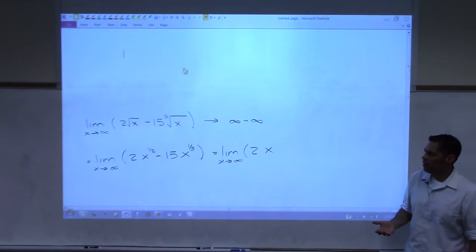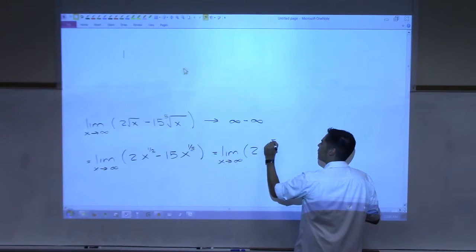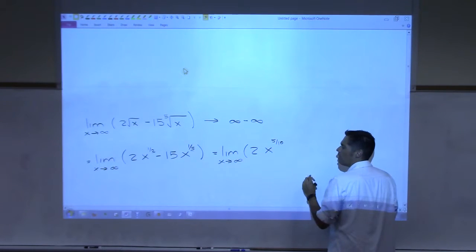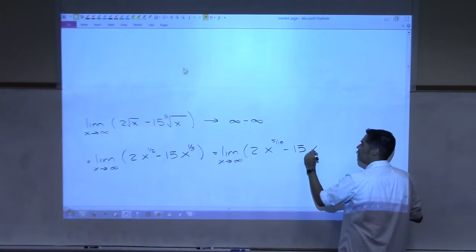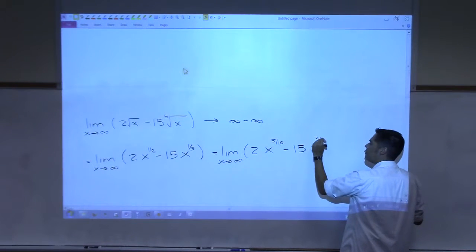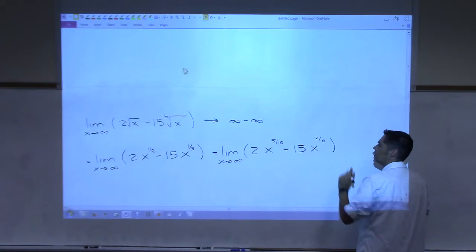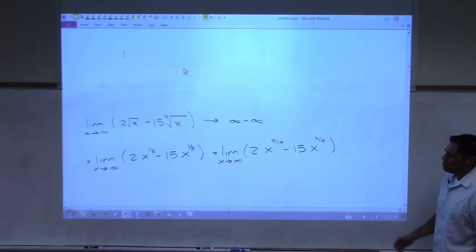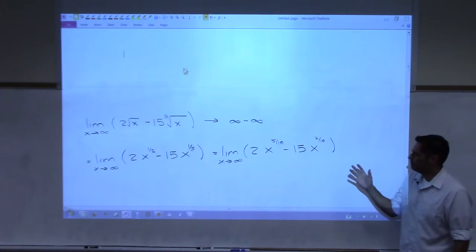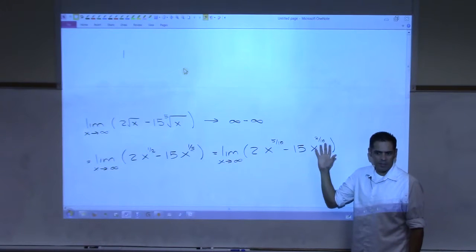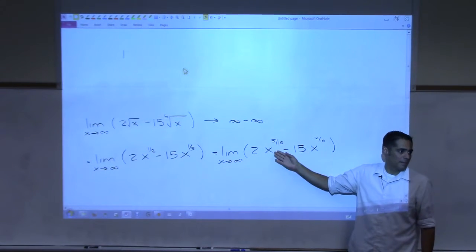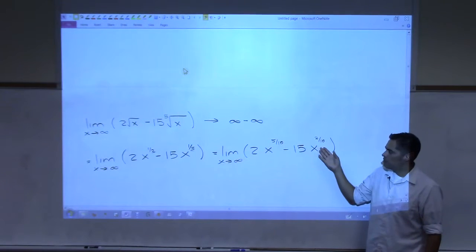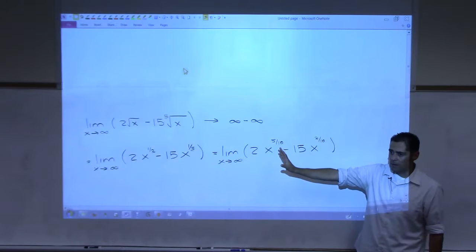So I could rewrite the 1/2 as 5/10, and I could rewrite the x to the 1/5 as x to the 2/10. People usually have a better understanding here of which of these is smaller, and they realize, look, I have 2/10 and 5/10, don't I? So 2/10 would be what they have in common, and I could pull that out.